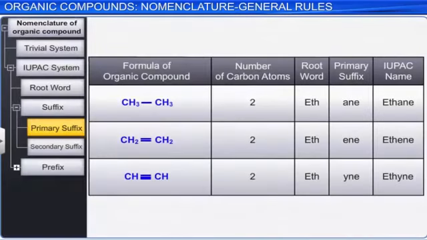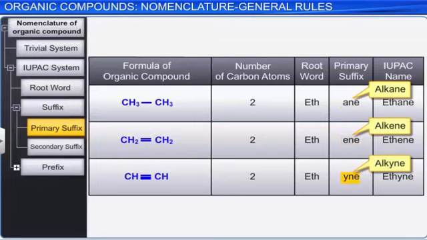A primary suffix is added to the end of the root word. It indicates if a compound is saturated or unsaturated, that is, whether the compound consists of a single or multiple bonds. The 3 primary suffixes are ane for alkane, ene for alkene, and yne for alkyne.